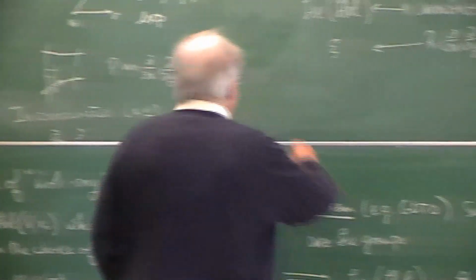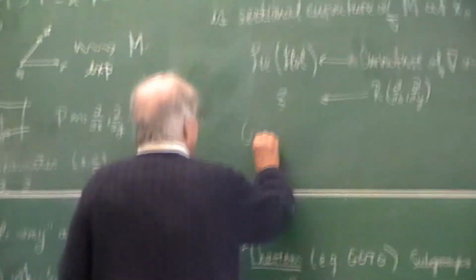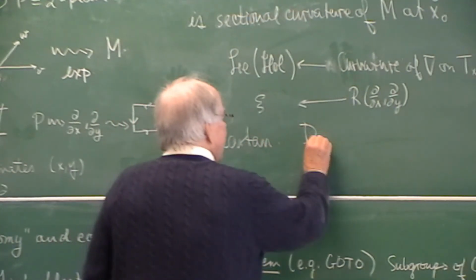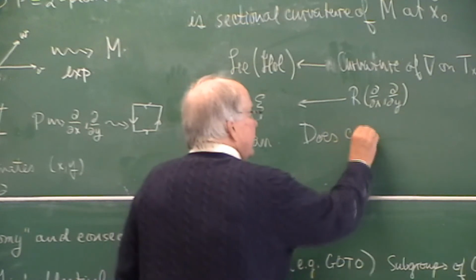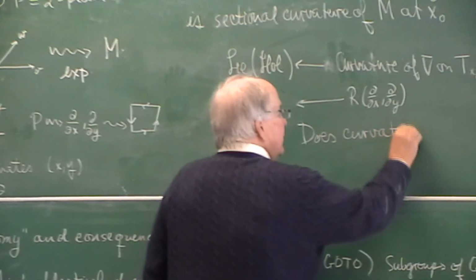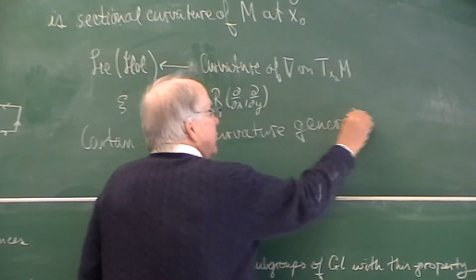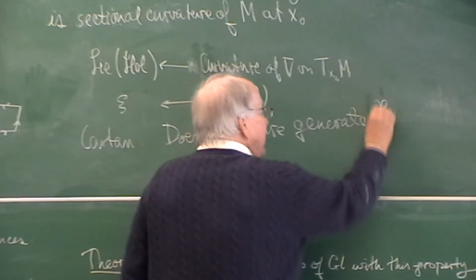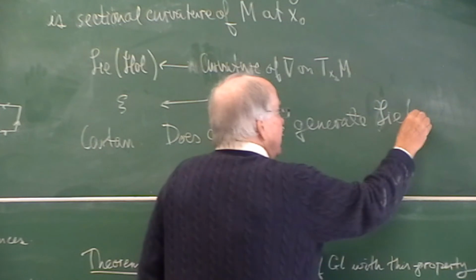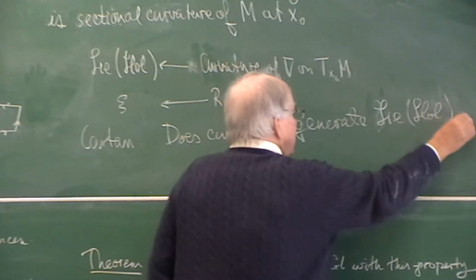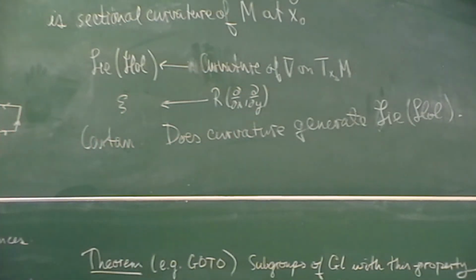Cartan's question: does curvature generate holonomy? Well, let's say the Lie algebra of holonomy. But that's more or less everything, because if you have the Lie algebra, you have everything. Isn't that a reasonable question?